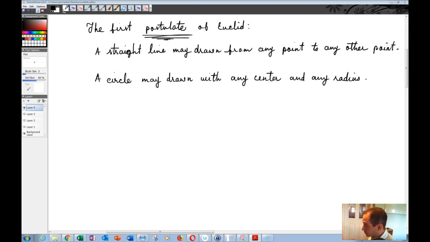Now these statements appear to be perfectly true, and Euclid assumed them to be true.